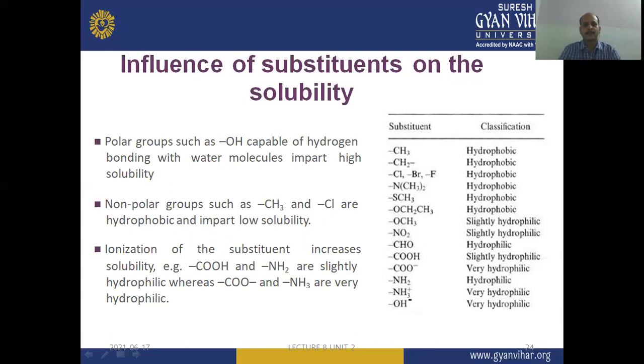Then ionization of the substituent increases the solubility. Like the carboxylic group COOH and NH2 are slightly hydrophilic in nature, whereas the COO minus ion and NH3 plus are very hydrophilic in nature. So by ionization of the substituent, we can increase the solubility.